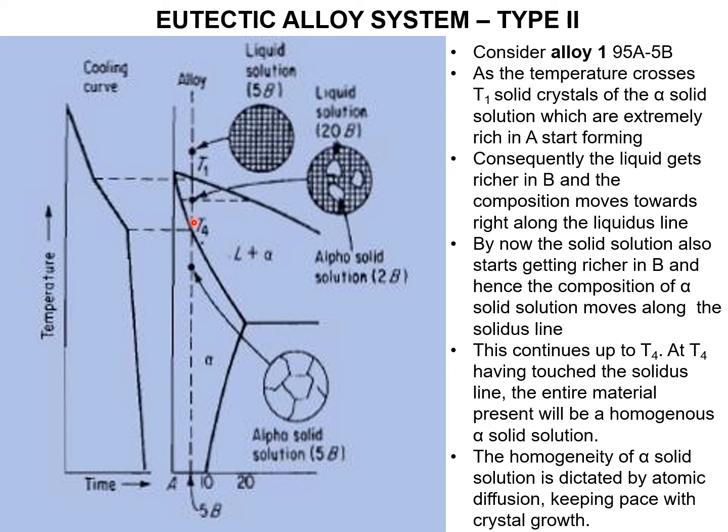Still we are reducing the temperature. Once it crosses this line, the entire liquid is converted into alpha. This is called alpha single phase solid solution. How it occurs is by the diffusion mechanism.